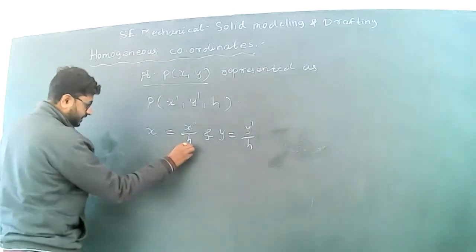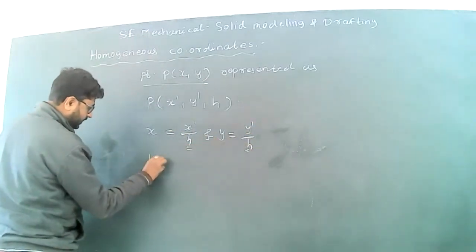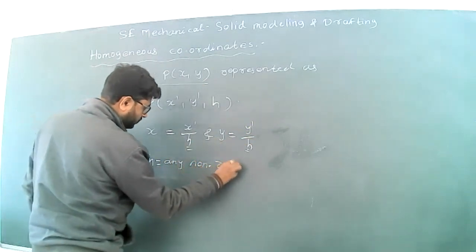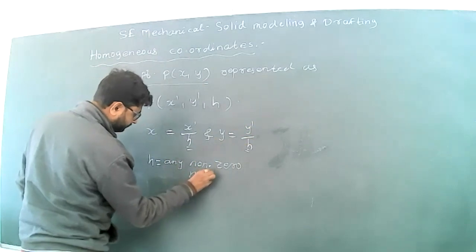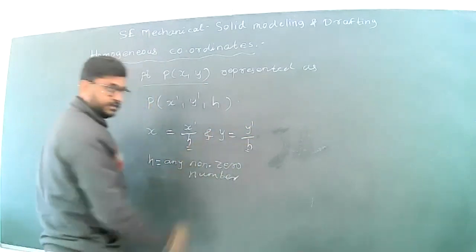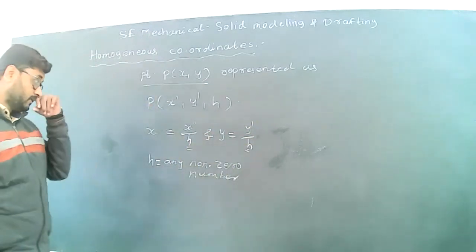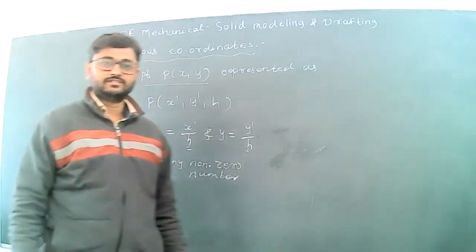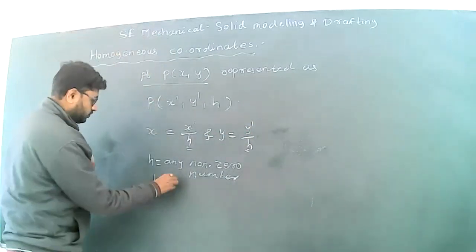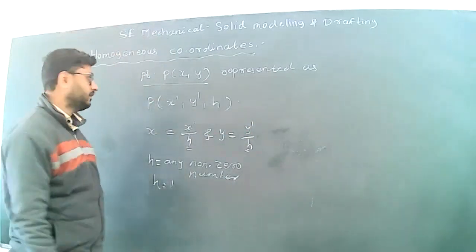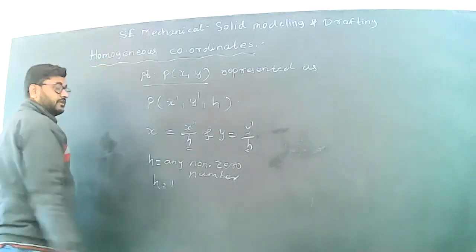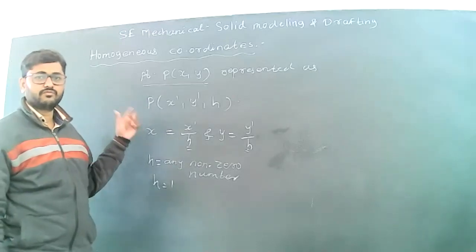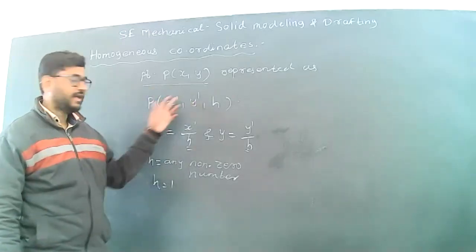Here h is any non-zero number, and the convenient value of h is equal to 1.